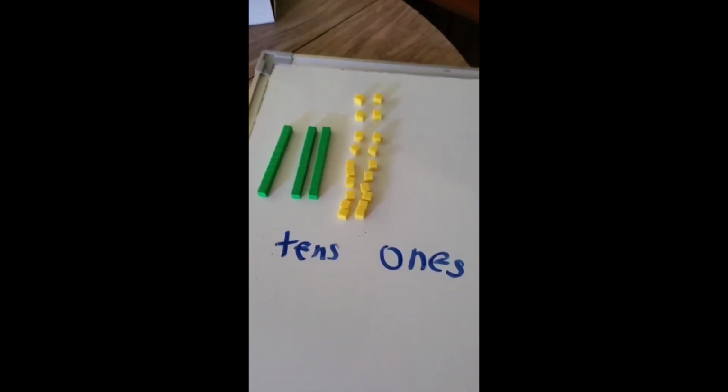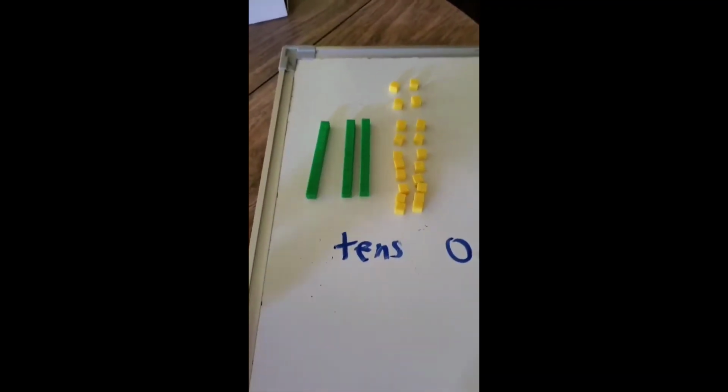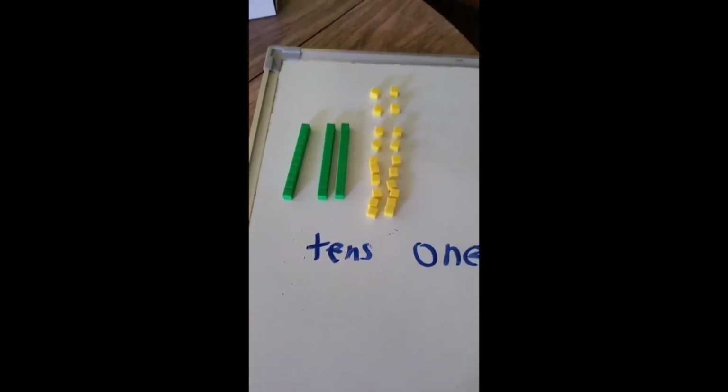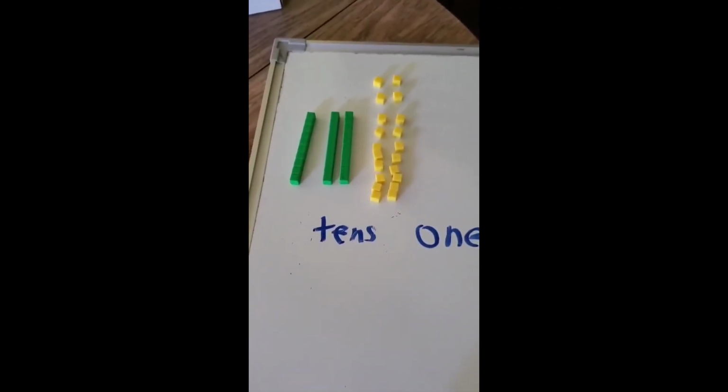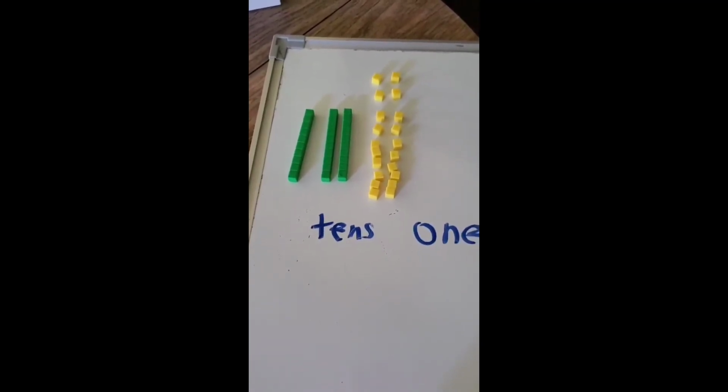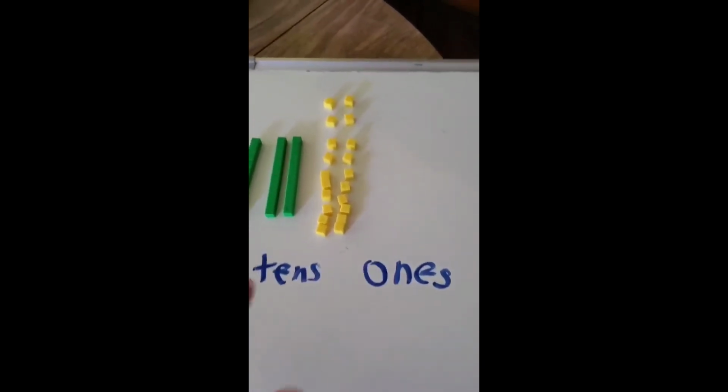So just pretend that you're taking 10 1s out and regrouping it to make a rod, okay? So here they are. How many 10s are there? You write that down.